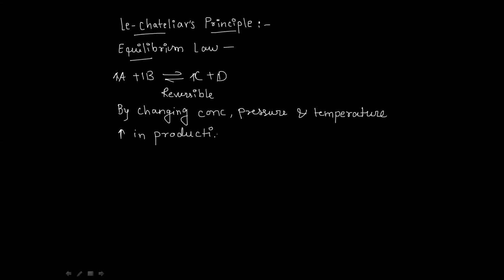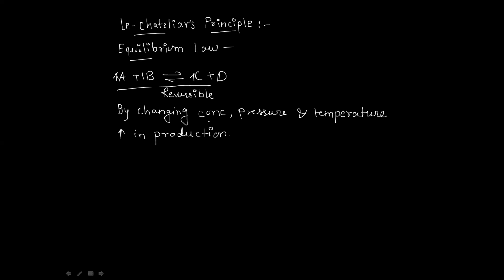If the reaction is in equilibrium, there will be no production of more product. Okay, but if you have to increase the production, you have to make some changes, that is, you have to disturb the equilibrium.